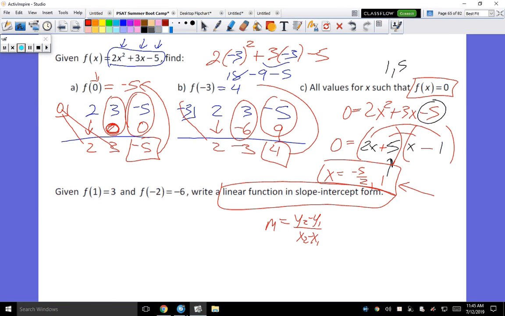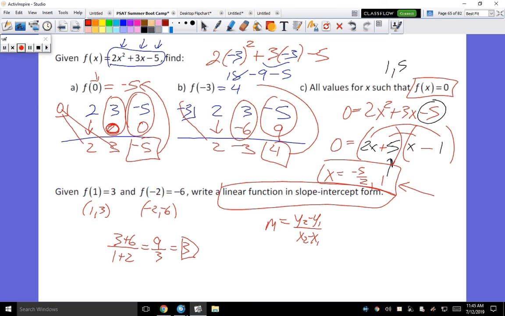So what I'm going to do is I'm going to make these into ordered pairs. Do y'all see it? So then it will be 3 minus negative 6 over 1 minus negative 2. And the slope is 3.